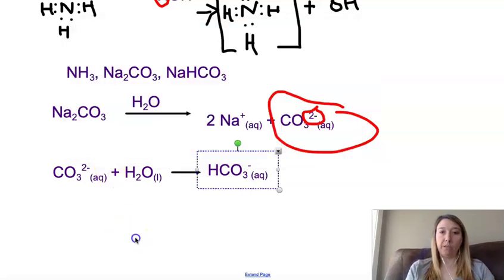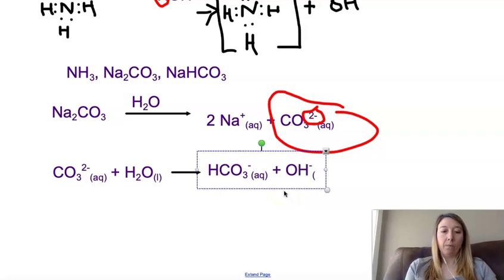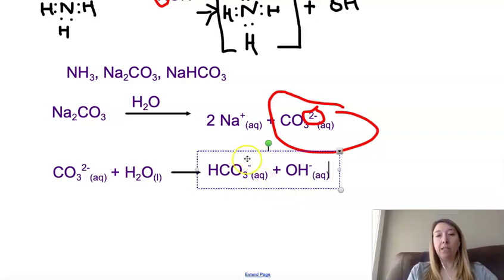Okay, and then this technically could do another reaction because it has a negative charge, but we'll get into that a little bit more in another lesson where we get into a little bit more complexity, okay? But for sodium carbonate, sodium hydrogen carbonate, we need to dissociate first, find the part with the negative, and then we're going to react that with water to actually be able to produce that hydroxide ion, okay?